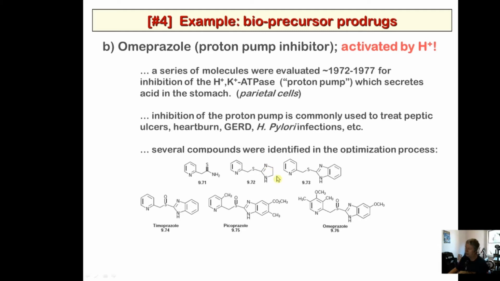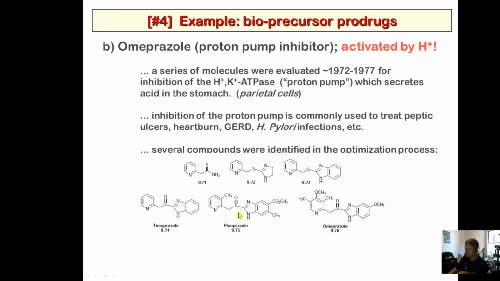In the 70s, we knew how to make molecules back then, but not very well. And we started learning more about synthetic chemistry into the 80s and beyond. Then they went from the dihydroimidazole type thing to a benzimidazole, so it actually added a benzene. And then rather than a sulfide, people started looking at sulfoxides, right?